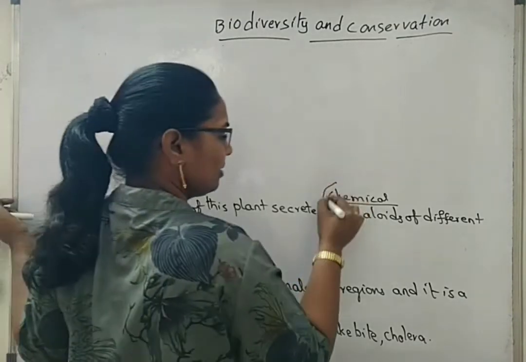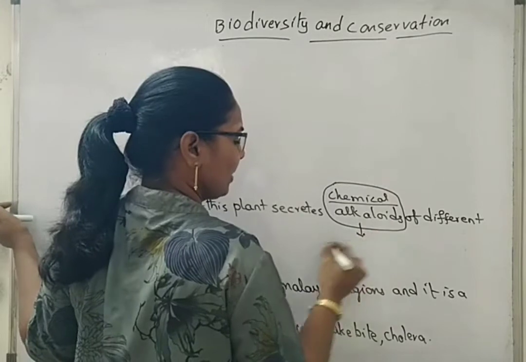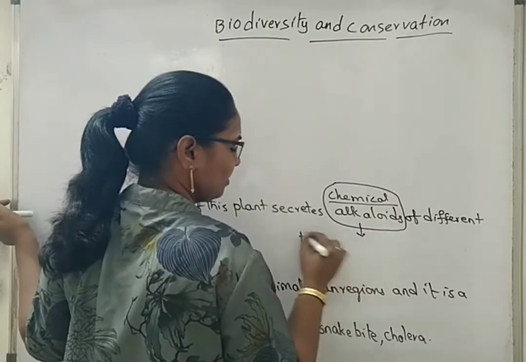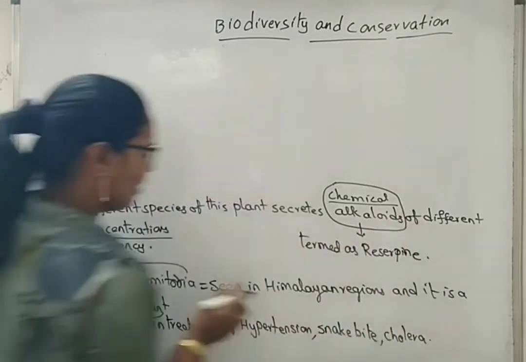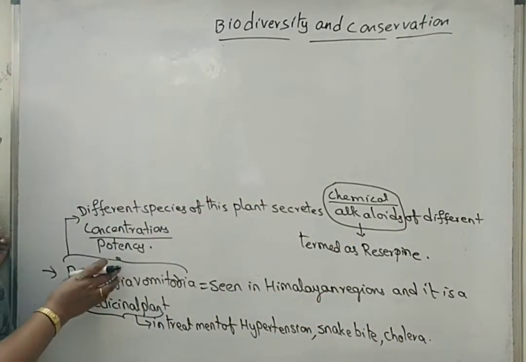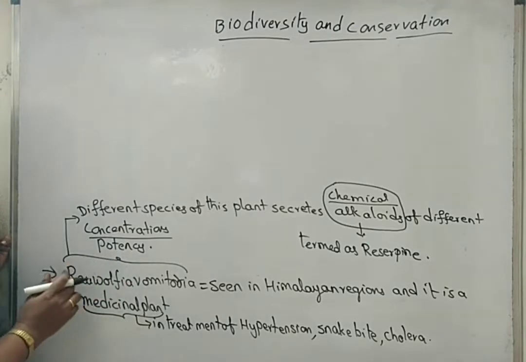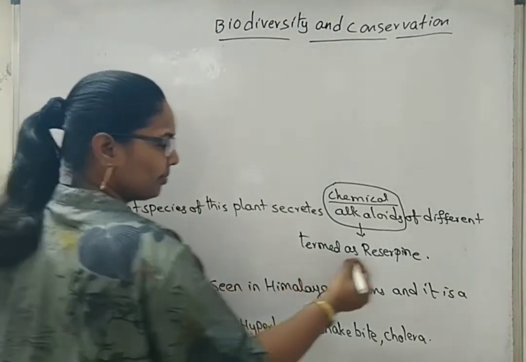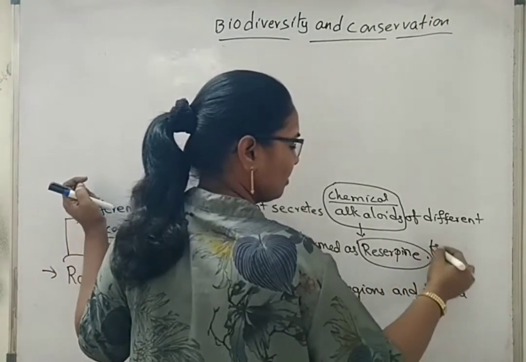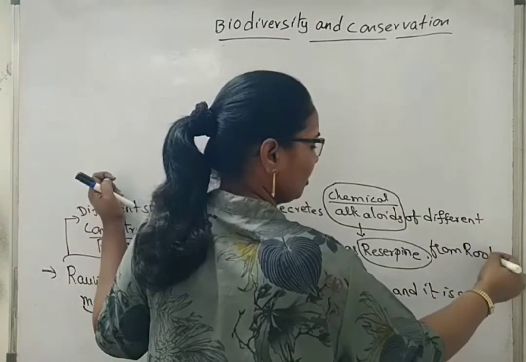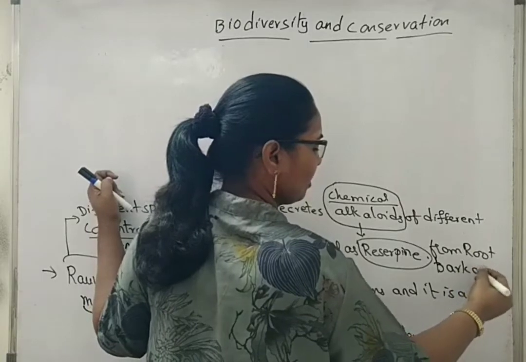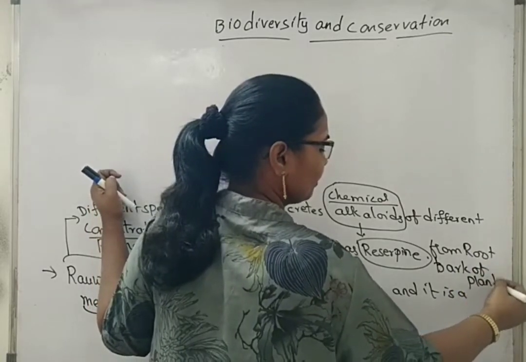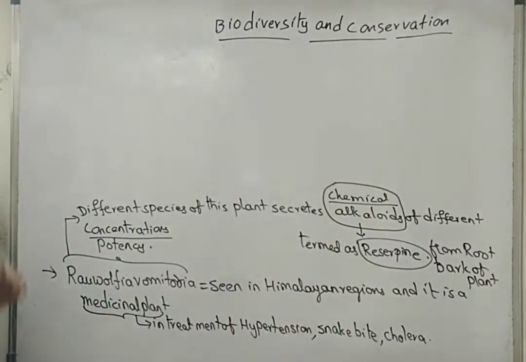This alkaloid can be termed reserpine. From which part of this Rauwolfia species is this reserpine obtained? It is obtained from the root and bark of the plant.